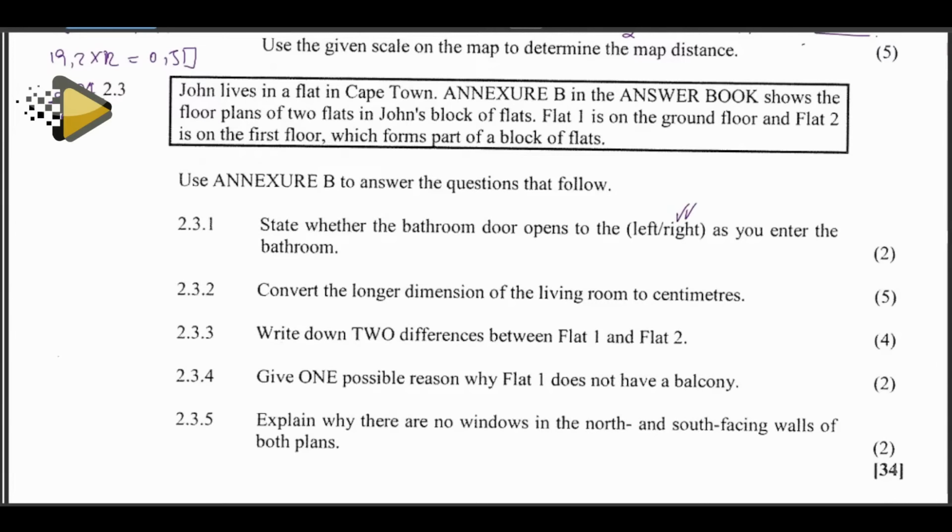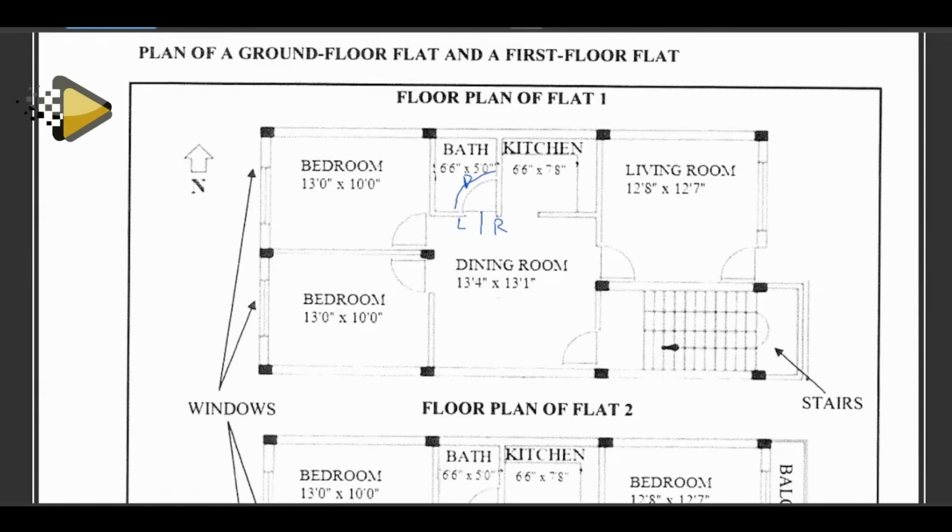Convert the longer dimension of the living room to centimeters. Let's go to the living room. The living room is here. We have this dimension here. We have this dimension. So we are supposed to change this. So these are 12 feet and 8 inches.